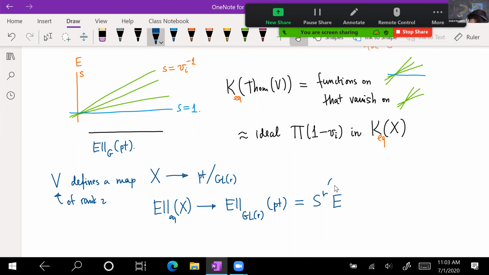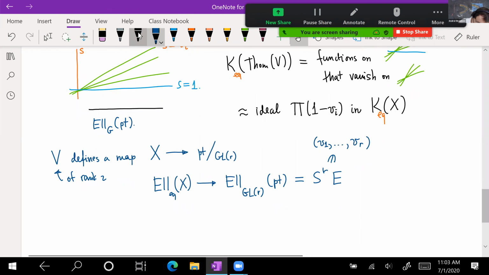So this is a point here, that point V_1 through V_r. And what we're pulling back is really, maybe we call this a Chern class. And so then this says that the Thom, well, maybe I'll write Thom sheaf.